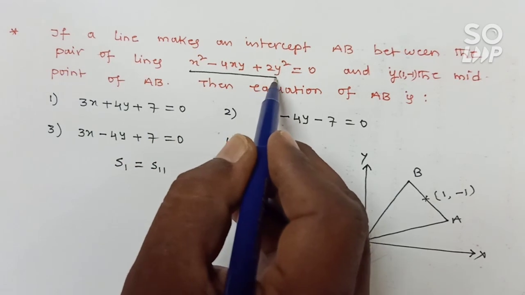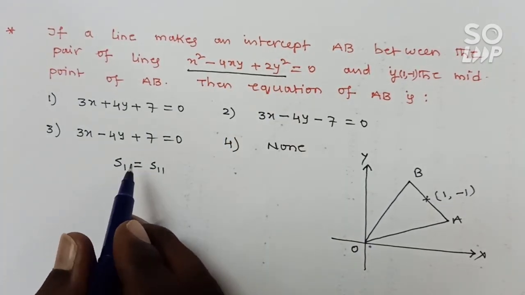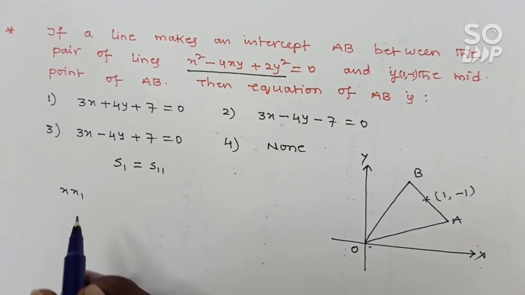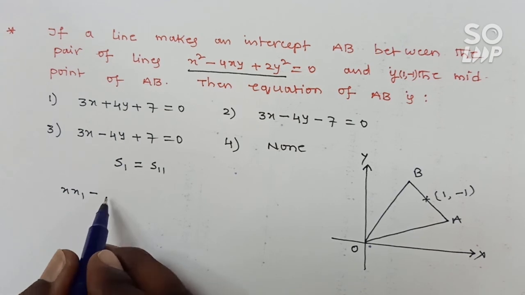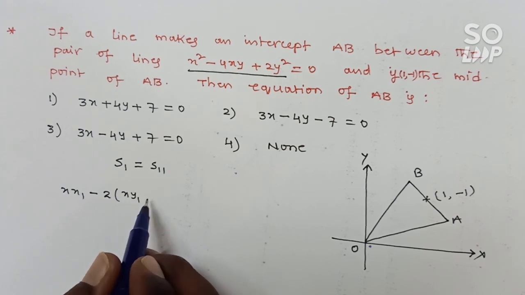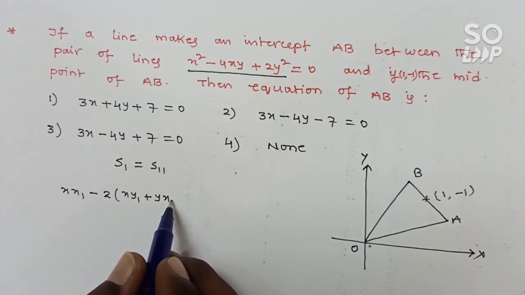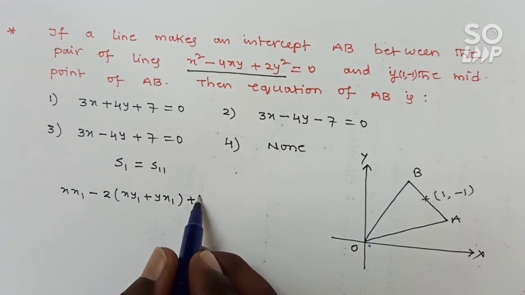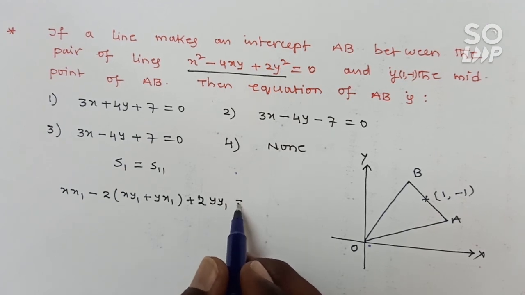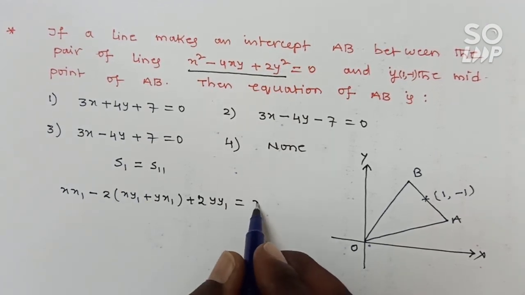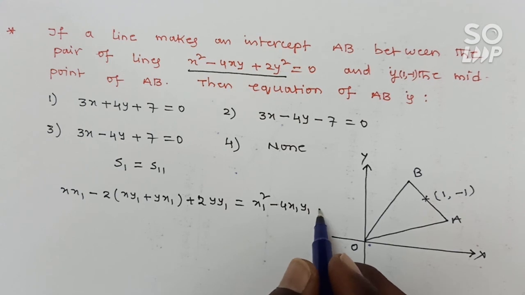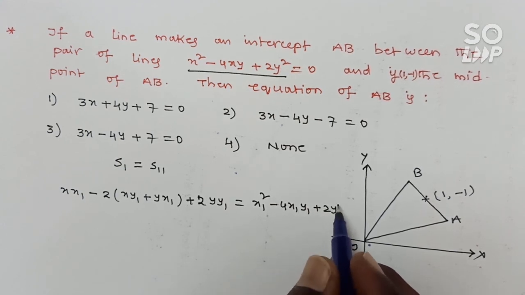This one is S. I told you how to write S1. x into x1 minus h into, h is 2, x into y1 plus y into x1, plus b into y1 is equal to S11, which means x1 square minus 4x1y1 plus 2 into y1 square.